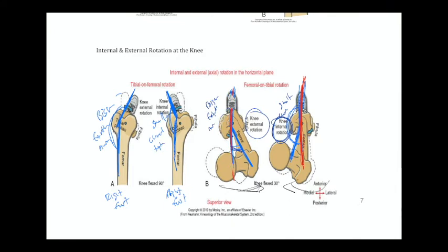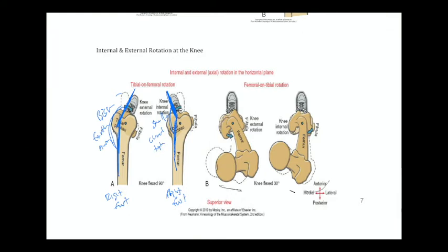And what I want to see is what's happening here at the femur, right? What is happening when we externally rotate our knee? So our knee joint is externally rotating, but what's happening here is that we have an internal rotation of the femur.